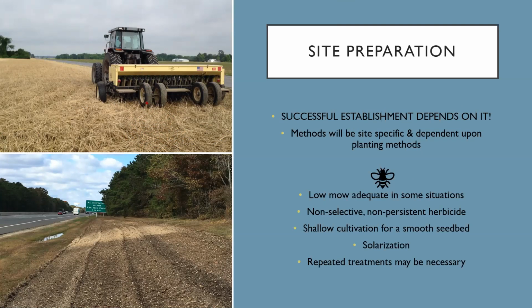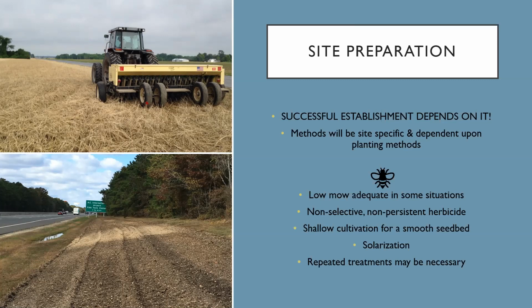It may take up to a full growing season or more to prepare the area, but that's just another piece that you're considering when thinking about the timing of these projects. So typically what we do is there's kind of two scenarios that I have depicted here. The first one is on an agricultural field in Salem County, New Jersey, where the farmer plants a rye cover crop, and that gives them added soil health benefits throughout the year.